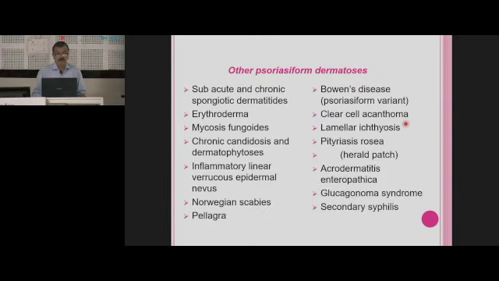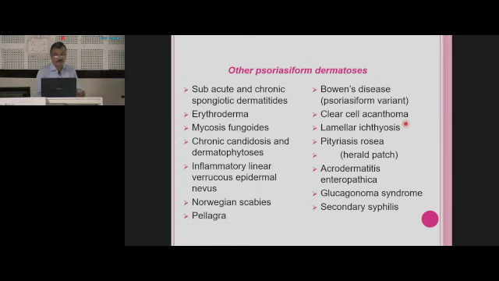The other conditions like acute, subacute and chronic spongiotic dermatitis, erythroderma, mycosis fungoides, chronic candidiasis, inflammatory linear verrucous epidermal nevus, Norwegian scabies, Bowen's disease, clear cell acanthoma, all these conditions can mimic either clinically or histologically the psoriasiform dermatosis.